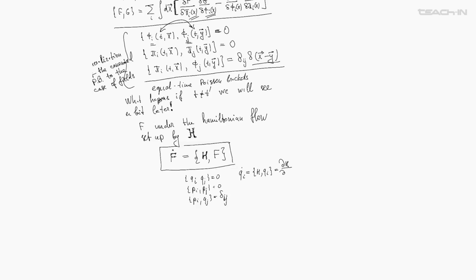And if you compute the time derivative of momentum, then according to this equation, in the usual mechanics, you will find that the bracket of H with Pi gives minus dH over dQi.